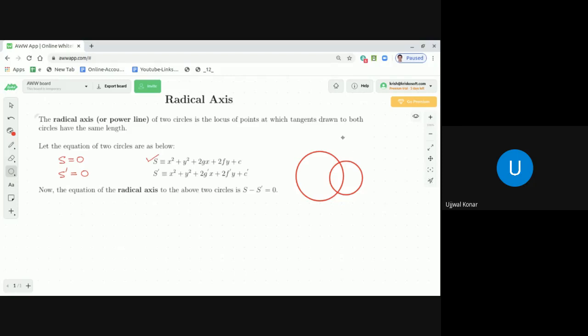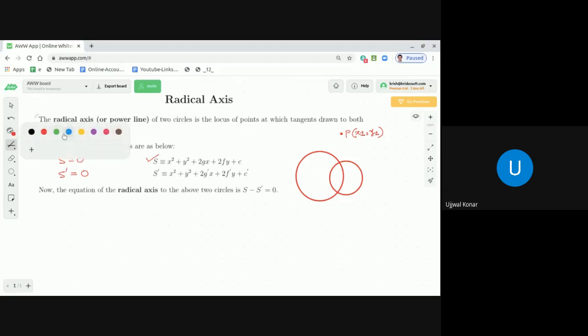Suppose we take a point P with coordinates x1 comma y1. Now from this point, we draw two tangents to these two circles, and the lengths of these tangents are equal. So let us draw these tangents.